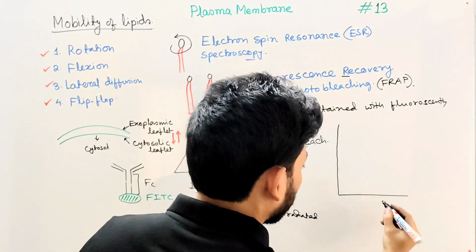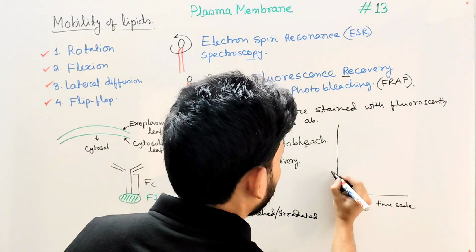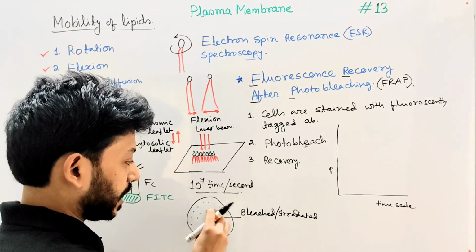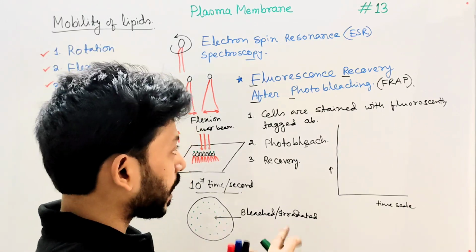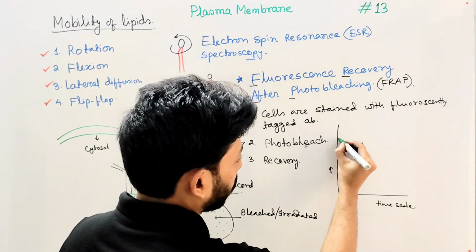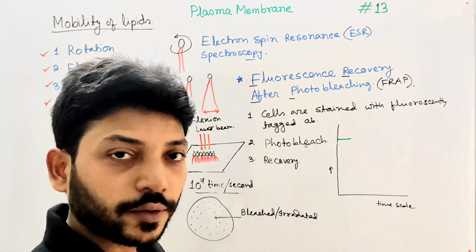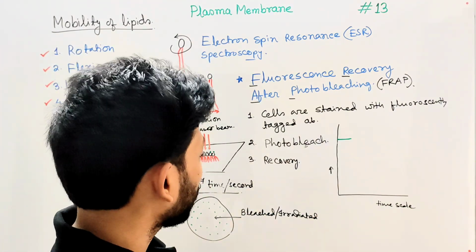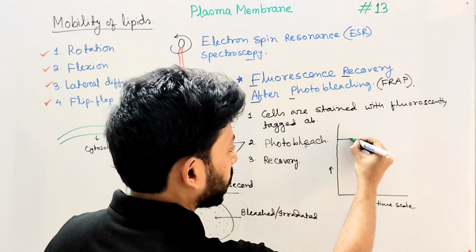Let's suppose this is the time scale, and this is the intensity of the fluorescence of the bleached area. At first, when we have not performed photobleaching, let's suppose the fluorescence intensity is here. It is showing the fluorescence intensity at this level. Then after photobleaching, the fluorescence will come down.